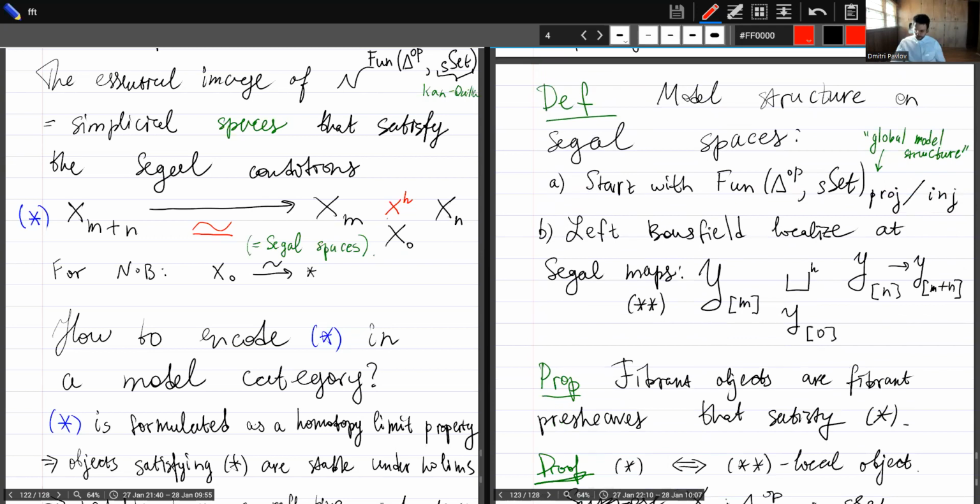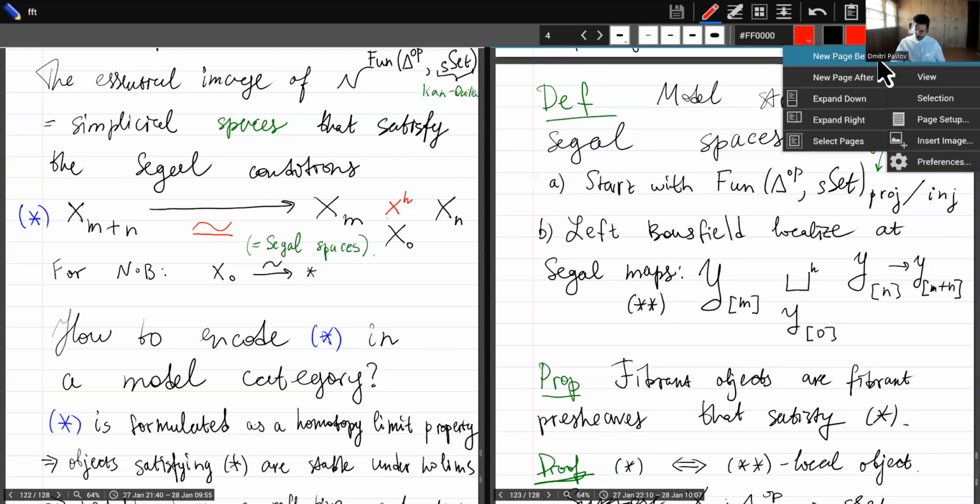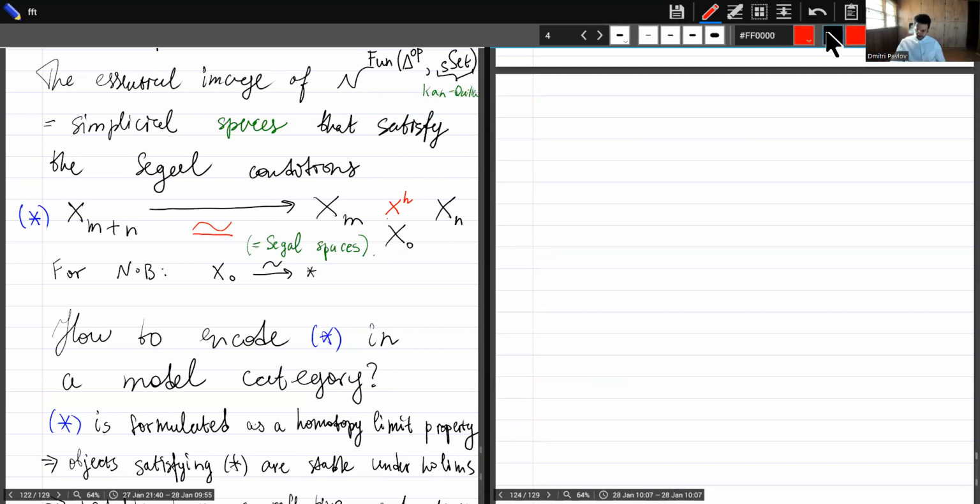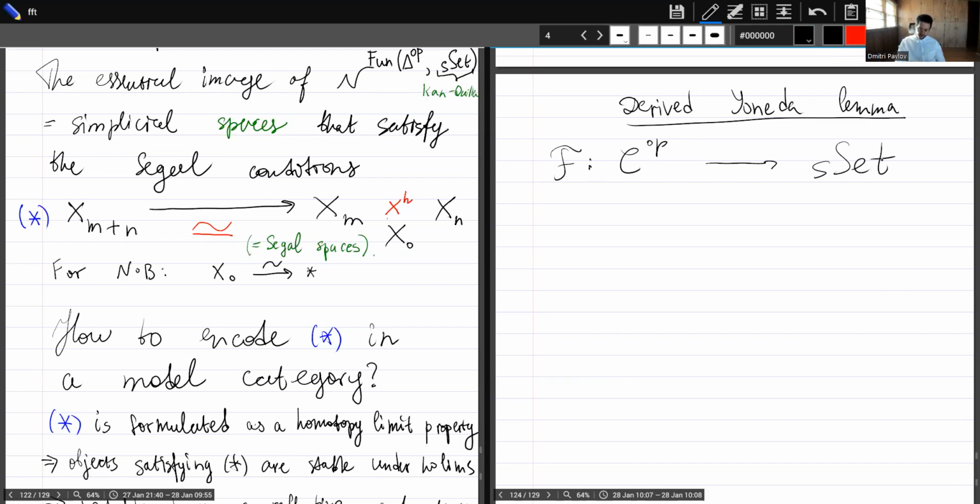If you want, you can call it the derived Yoneda lemma. It talks about presheaves in a model category, for example a simplicial presheaf, or not even necessarily simplicial, it could be valid in any model category really.